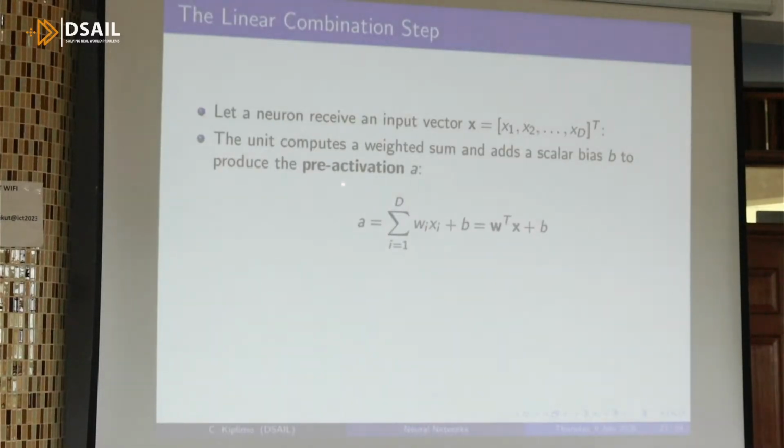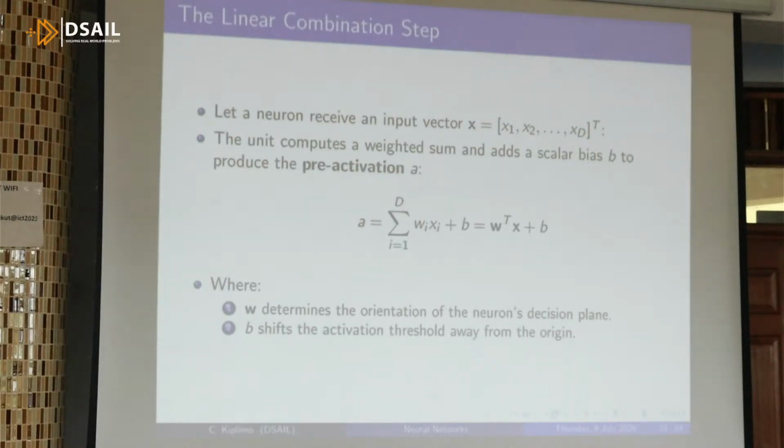So the output is the pre-activation value A. This value A is what we are going to pass into our activation function sigma, where W determines the orientation of the neuron's decision plane. B shifts the activation threshold away from the origin. B is basically the intercept, and W transpose sort of gives you the gradient, if you think of this as a straight line.